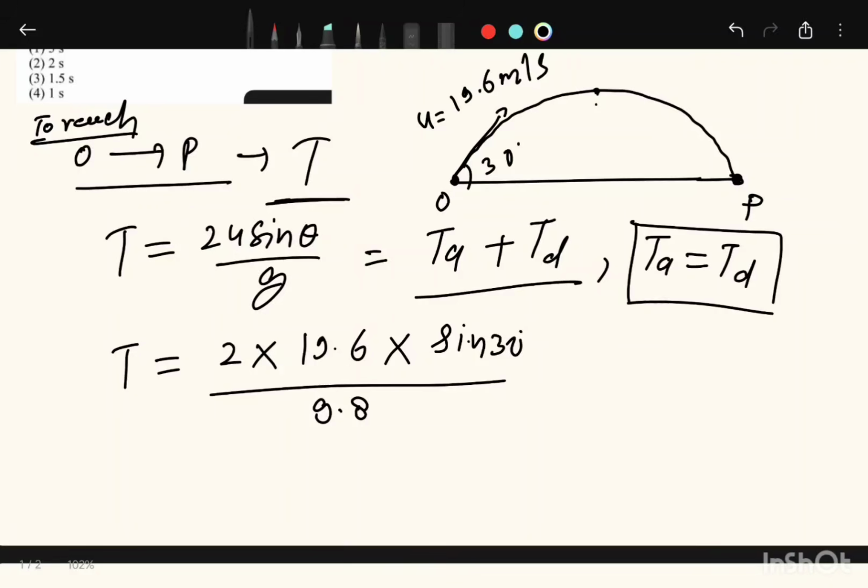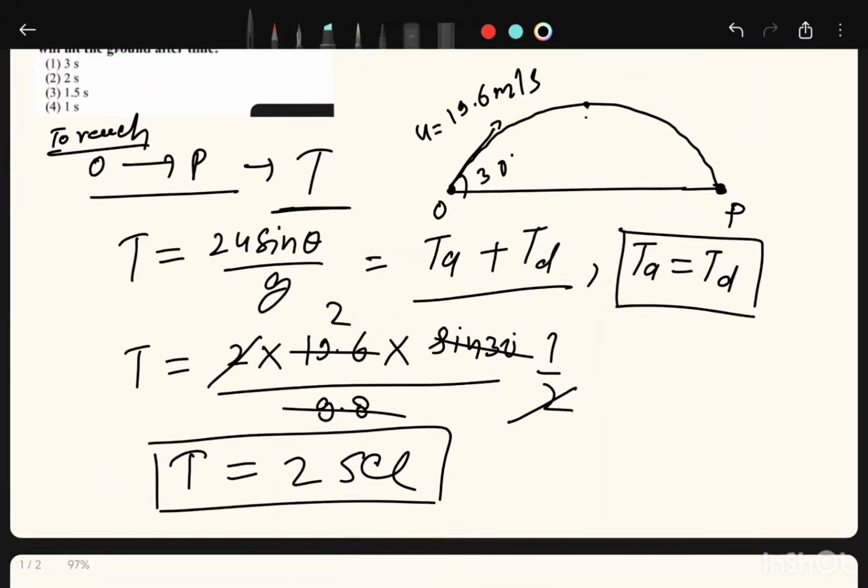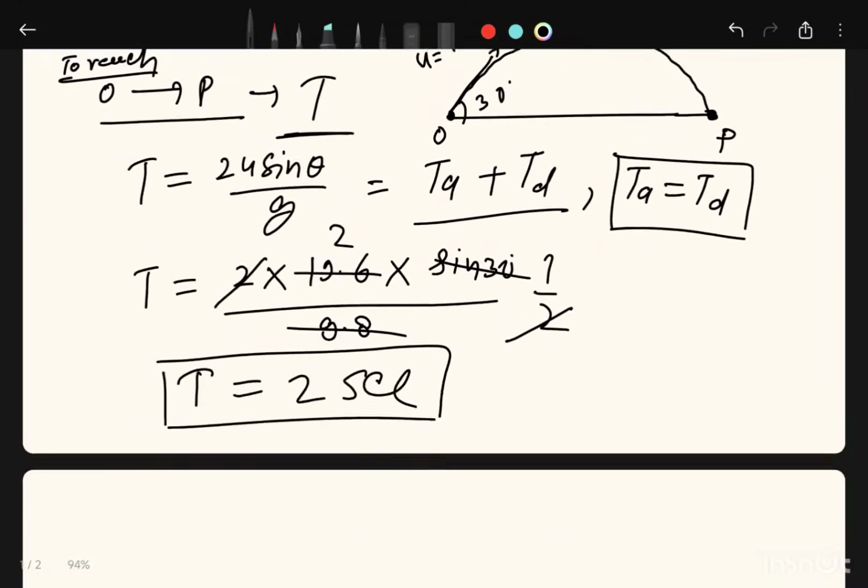So you see sine 30 will be 1 by 2. So 1 by 2 cancels out with this 2, and this will also cancel out with 2 times. So time to reach from point O to point P, which means to hit the ground, the particle will take only 2 seconds. That is equal to the total time of flight also.